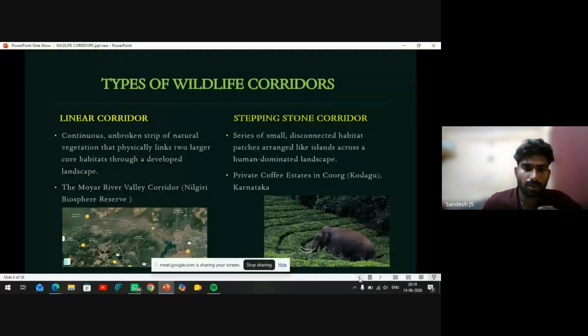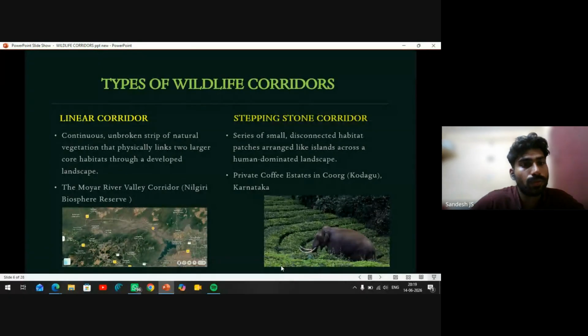So a linear corridor is a continuous, unbroken strip of natural vegetation that physically links two larger core habitats. This linear corridor connects the two larger habitats through a developed landscape.